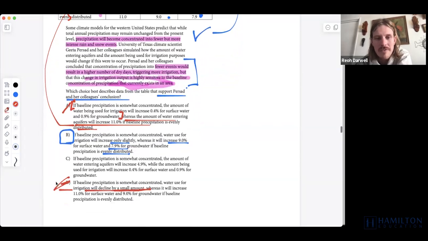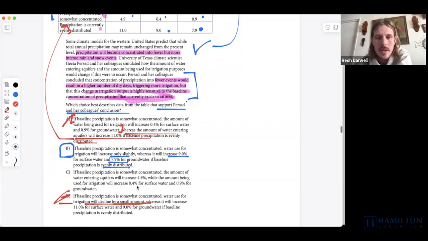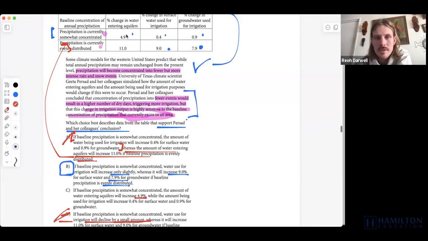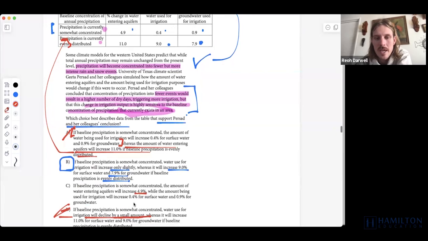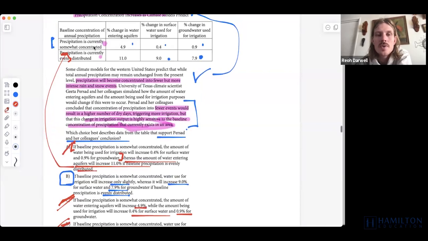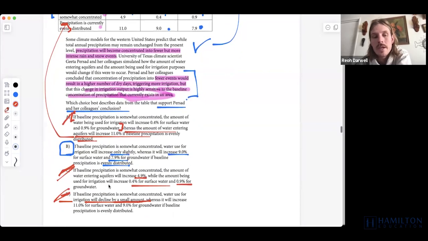All right. Then finally, C, we again are talking about the wrong parameters. We are comparing the increase in aquifers compared to the increase in irrigation, when we need to be comparing the increase in irrigation across the two different experimental groups, right? So C and A compare the wrong things, right?